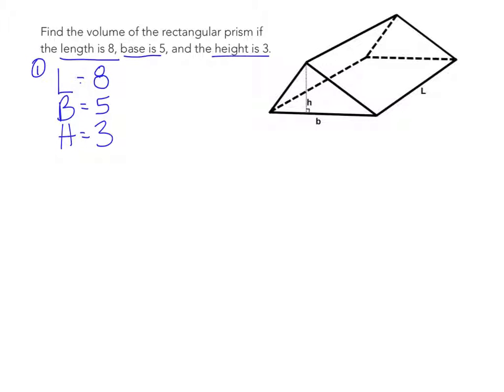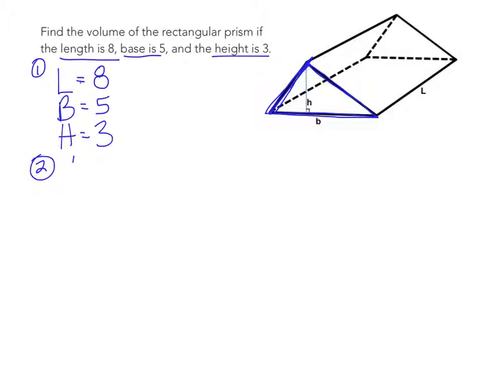So on my work, this is step number 1. Step number 2 is to write the appropriate formulas. Well, I first need to find the area of this triangle. Once I find the area of this triangle, I can multiply it by the length to find the full volume.